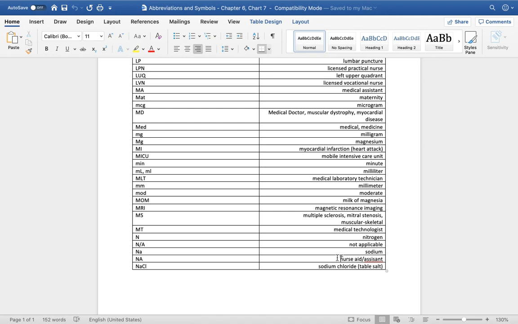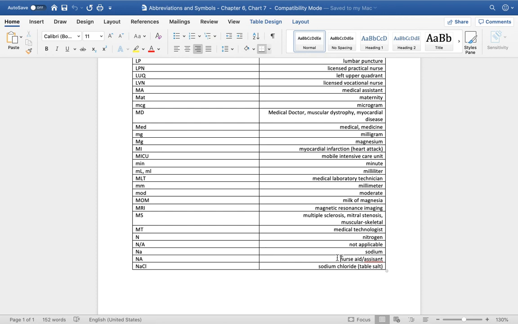NA, this is a nurse aide or a nurse assistant. You can have a CNA where they're certified, but ultimately they help take care of the patient's daily needs, clean them up if they have to use the bathroom, assist them in walking if they need it, make sure that they have everything they need, they're taking their medications the appropriate way, but they are not allowed to dispense the medications to the patients.